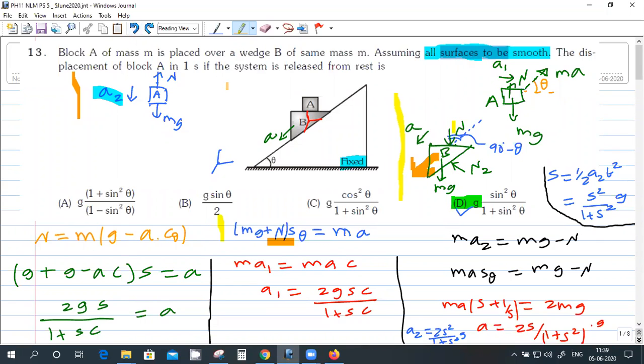There is no force in the horizontal direction, so it will just move down with respect to the earth. It will move down because B is moving down. For that this will be the equation. And the contact between A and B is not lost, right?